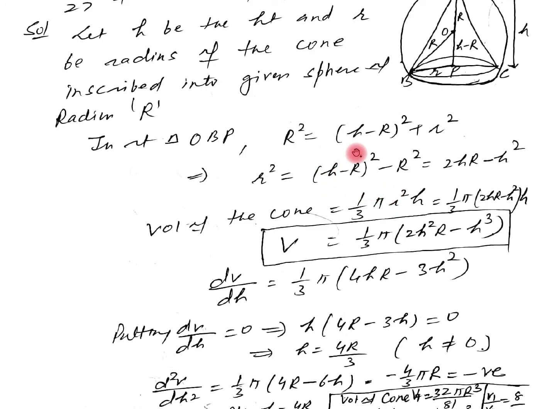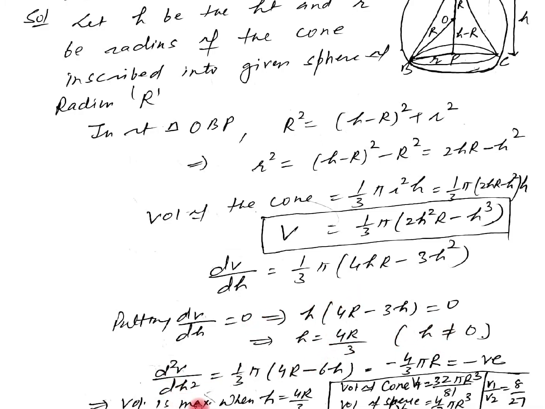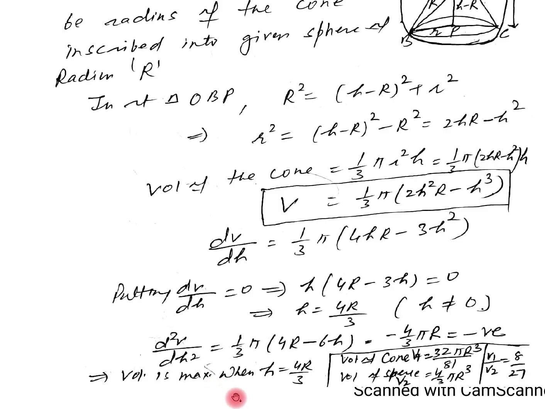We have to eliminate one variable with the help of the given quantity, getting the value of r square here. Simplifying, we are getting this. Then our function has been formed. Then again we find the first derivative, then put it equal to 0. Then at this point we find the second derivative. Since the volume is maximum, it must be negative.